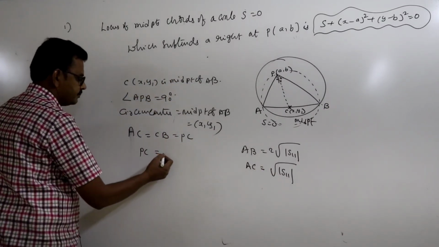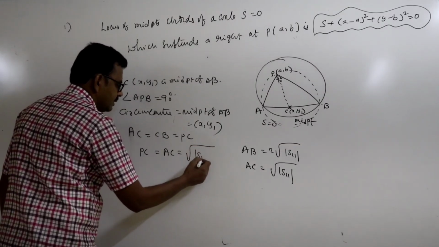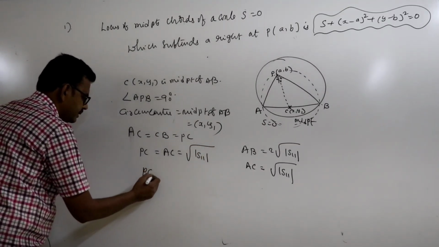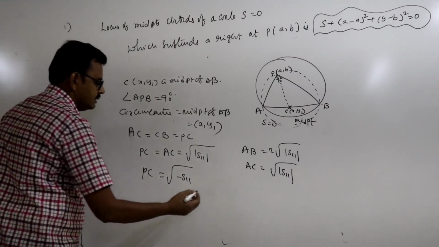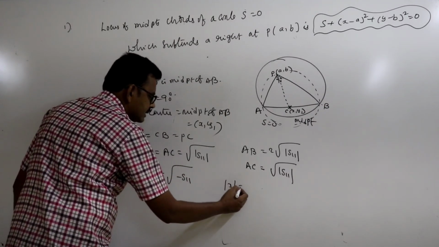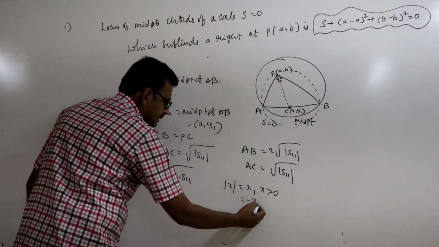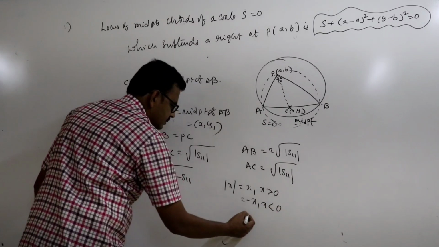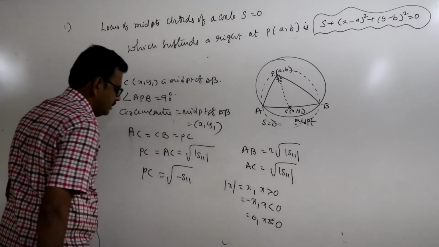So PC is equal to root of minus S11, since mod x is equal to x if x is greater than 0, minus x if x is less than 0, and 0 at x equal to 0.